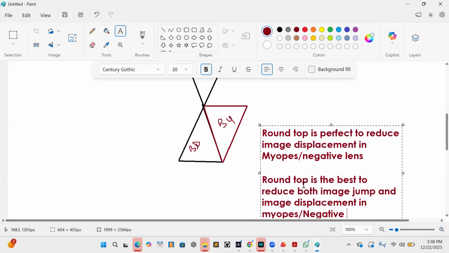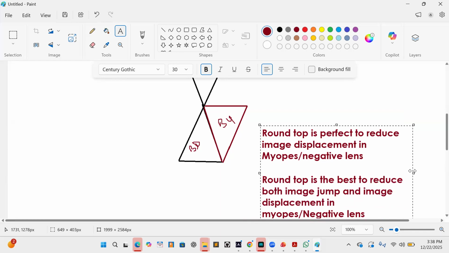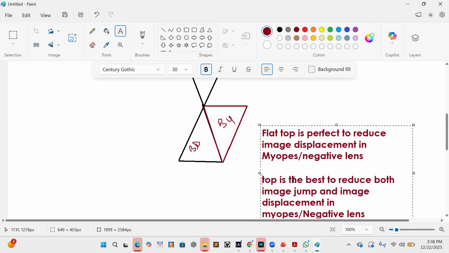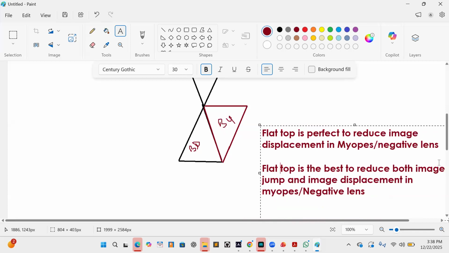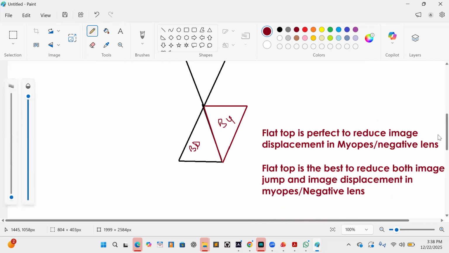So you can see how that is very important. Flat top is actually good, both to reduce image displacement and to reduce image jump. You can see from here. So flat top is very important.